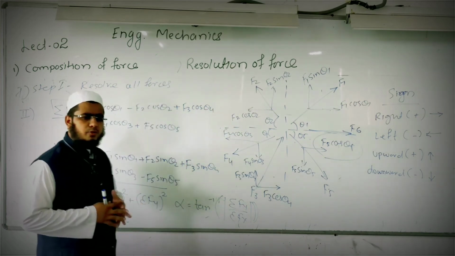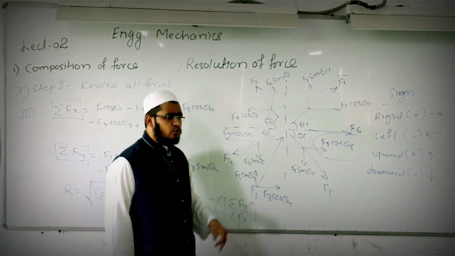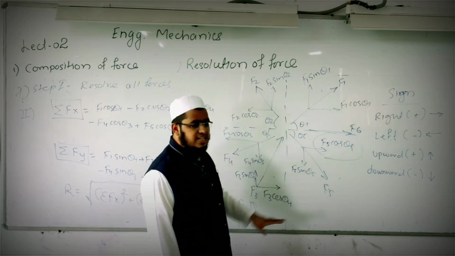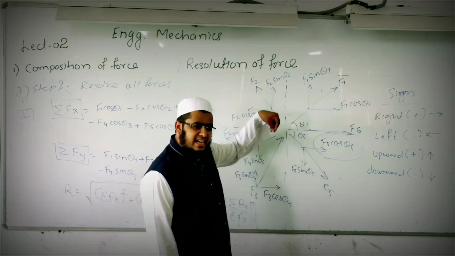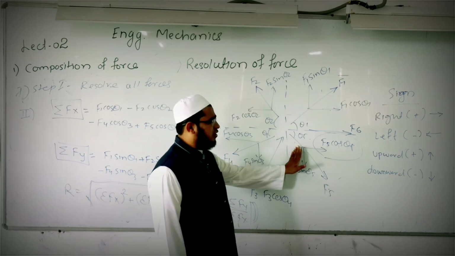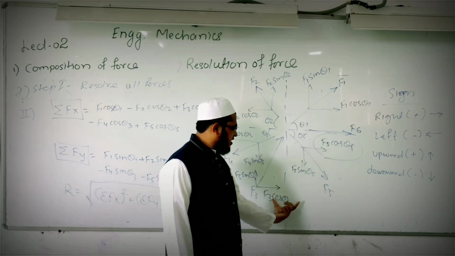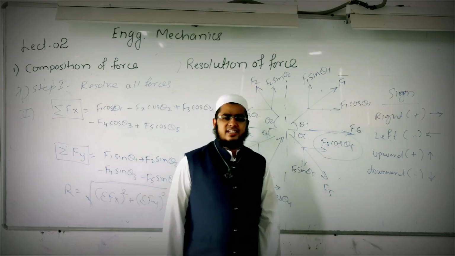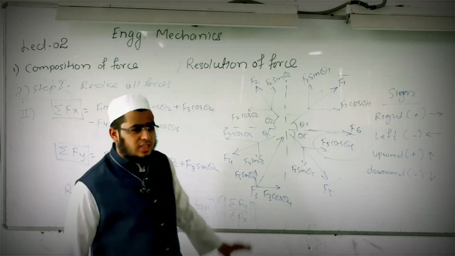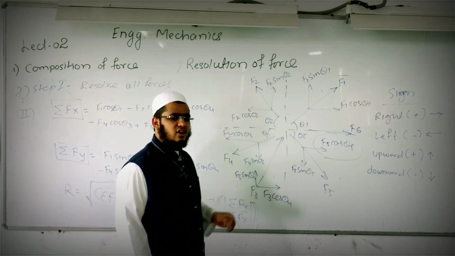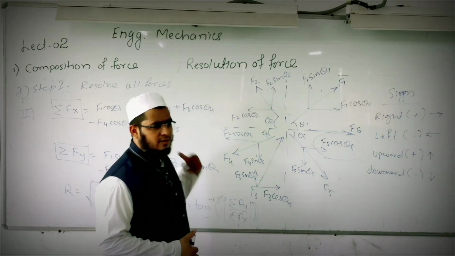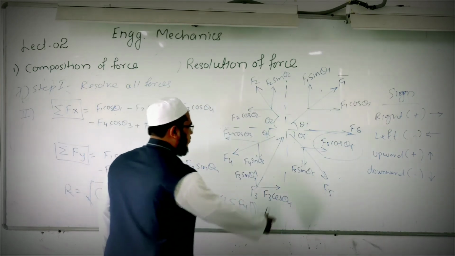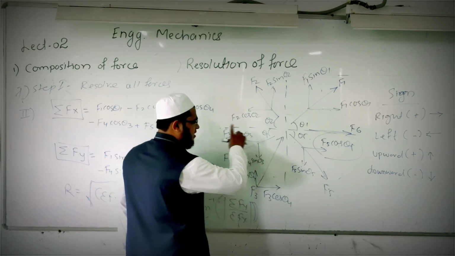If in some numericals summation Fx is positive, meaning it is acting towards the right, and summation Fy is negative, meaning it is acting downward, then it is the fourth quadrant: horizontal is positive and vertical is negative. That's why the resultant will be acting in the fourth quadrant. If both are negative, summation Fx is towards the left and vertical is downward, so the resultant will be acting in the third quadrant.